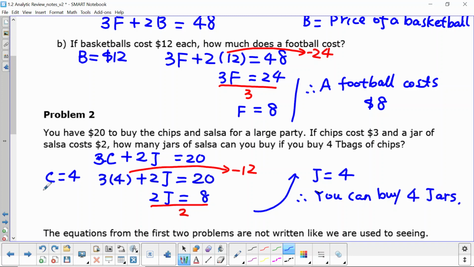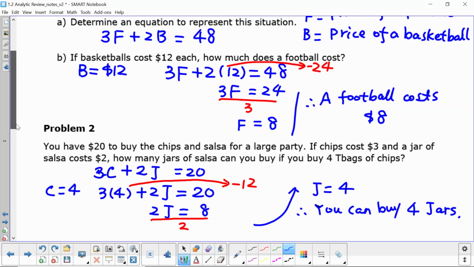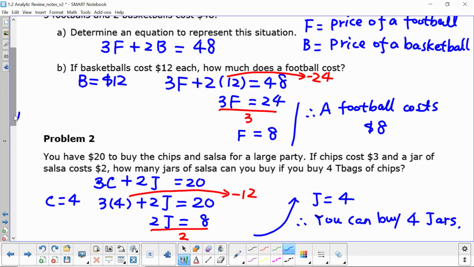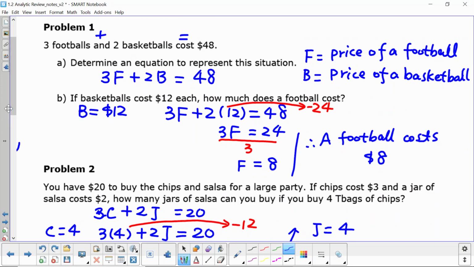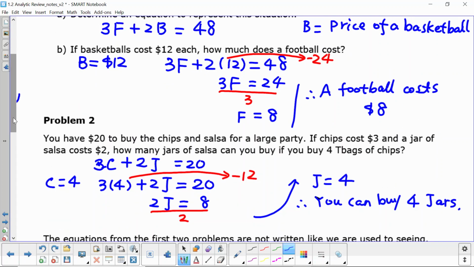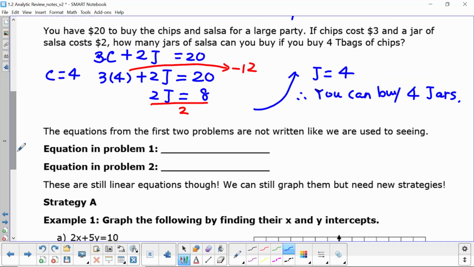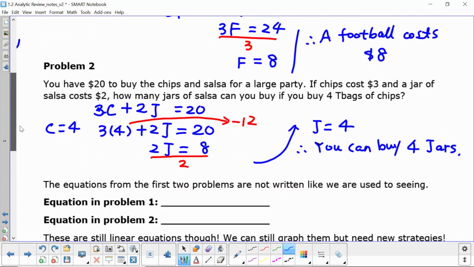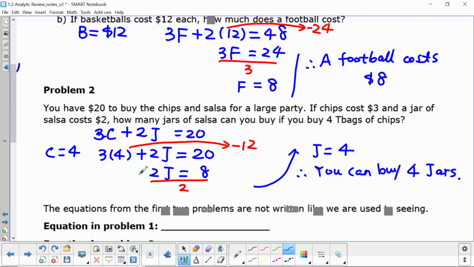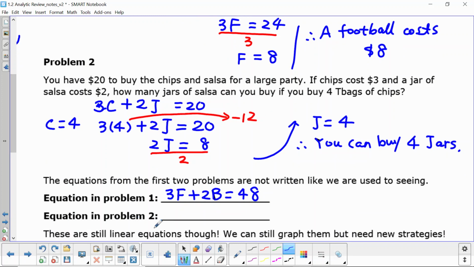The reason why we pick these two problems is because you will see each equation is not in the slope y-intercept form. So now we are going to copy these two equations here. 3f plus 2b equals 48. This is the equation from problem 1.